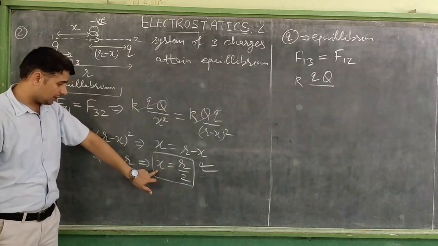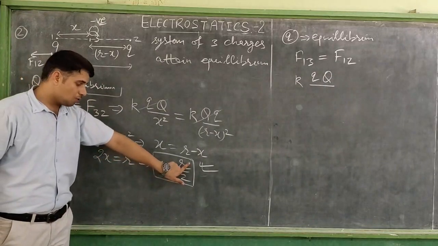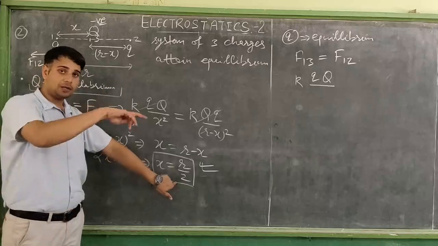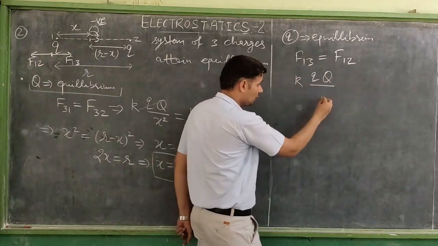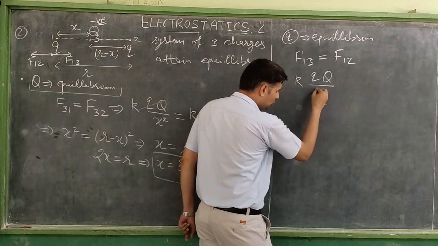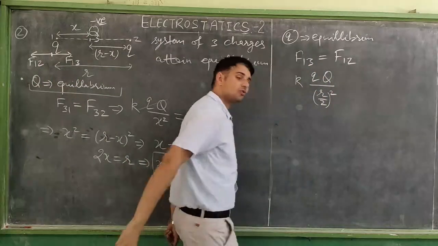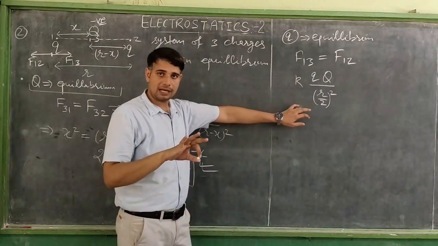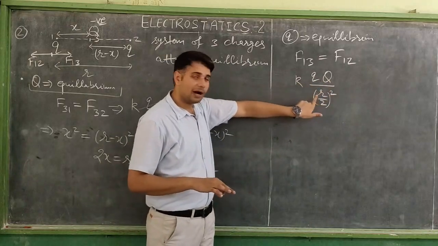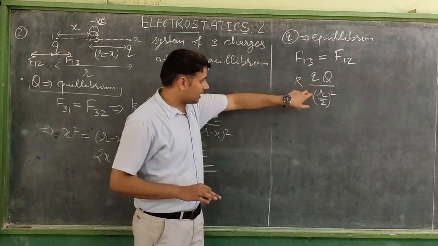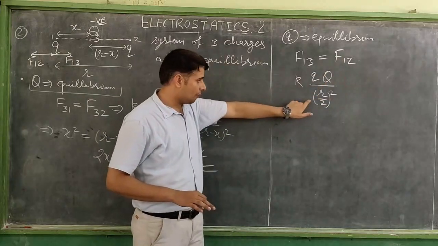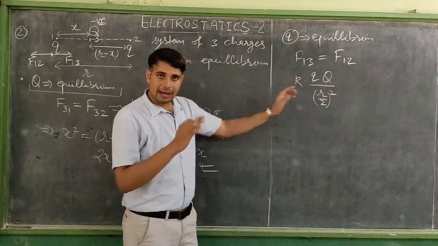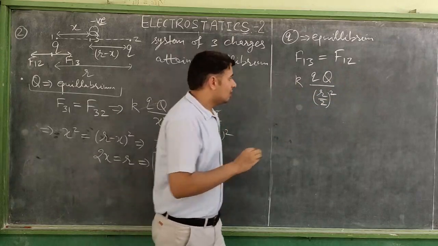Already I have calculated that the separation will be equal to small r divided by 2. So I am going to use this result. So K small q capital Q divided by (r by 2) whole square. So again Coulomb's law is the same, K Q1 Q2 divided by r square. But in my case Q1 is small q, Q2 is capital Q, and the separation is small r divided by 2, and the separation should be squared.